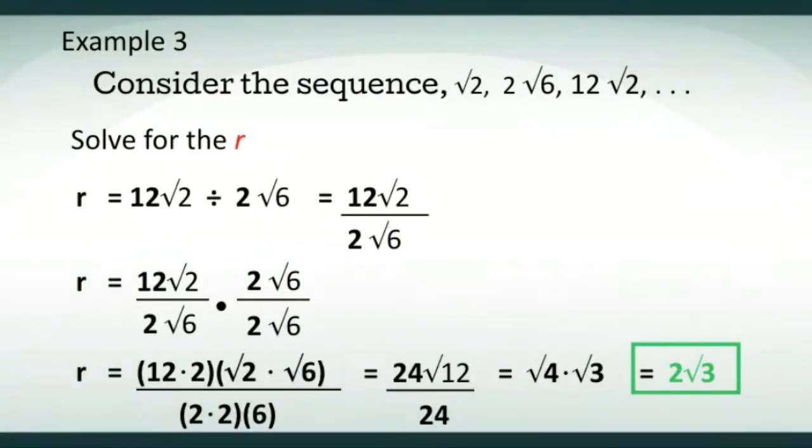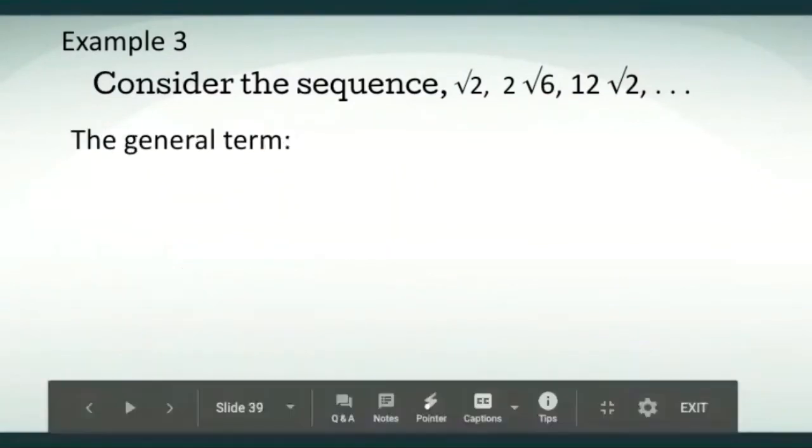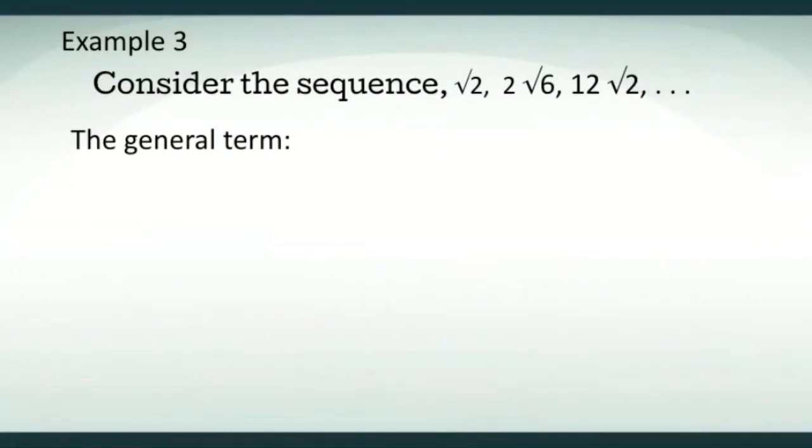Since everything is clear, let's consider the sequence now, looking for the general term. Our general term again is a sub n equal to a sub 1 times r to the power of n minus 1.